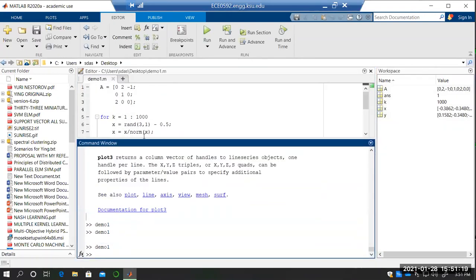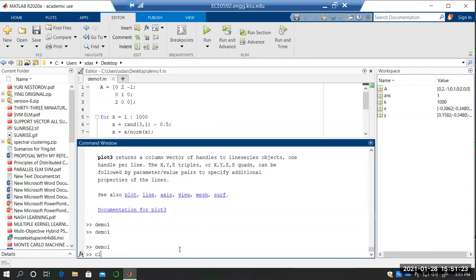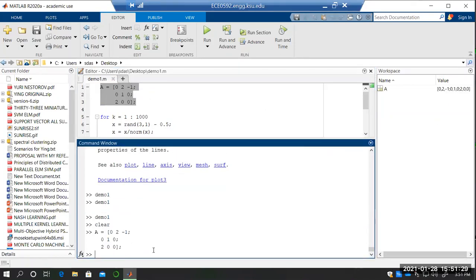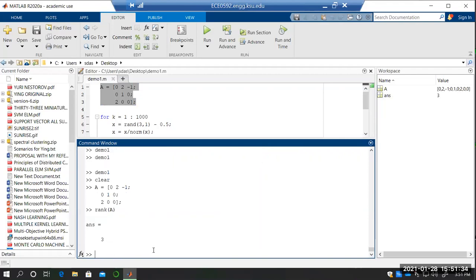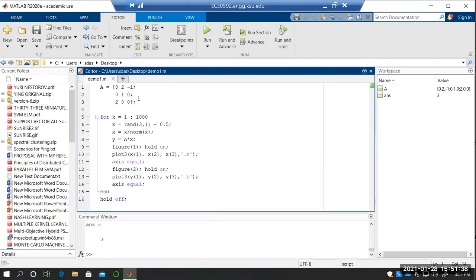What's the rank of A? Rank of A is 3. Now let's try a rank 2 matrix. Or shall we go for a rank 1 matrix right away? Either way is good.